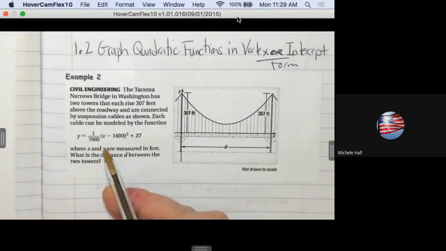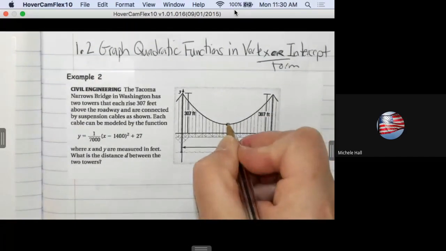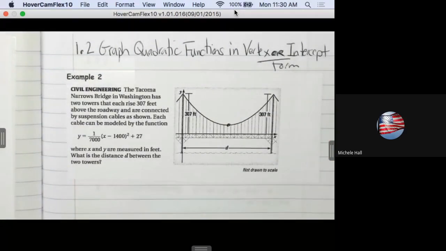I have this equation, so that really draws my eyes. We know A. Do we know anything else? Do we know H or K? B or C? What's HK represent? The vertex. So if I knew the vertex, that could help me. Go ahead and find out what the vertex is.